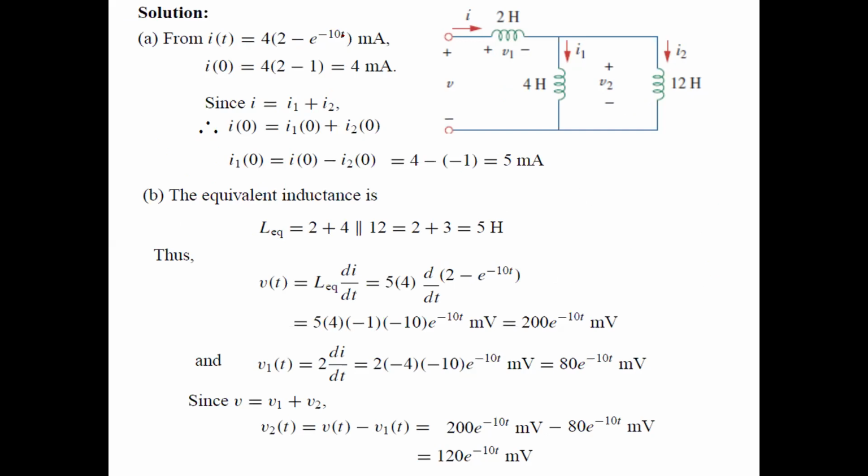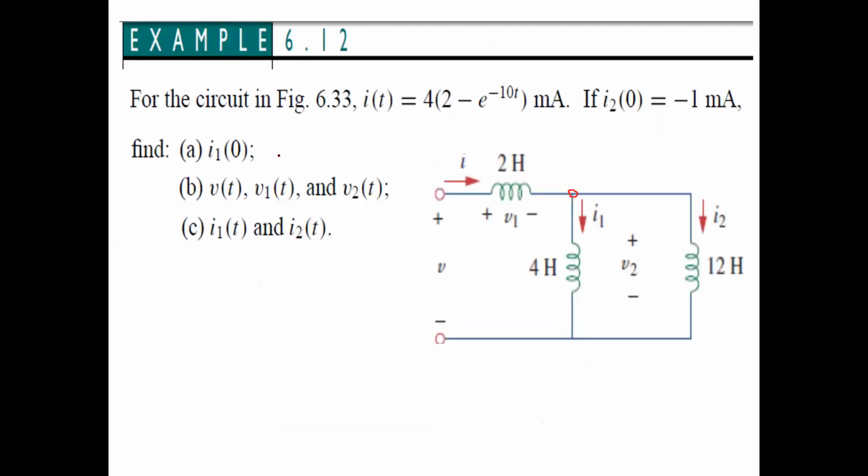E raised to the power minus 0 will result in 1. So 4 into 2 minus 1, plus 4 milli. The value 4 instead of I of 0, put 4 milli there, the minus sign will come as it is, and then put minus instead of I2. Hence I1 of 0 is 5. Part 1 is solved.